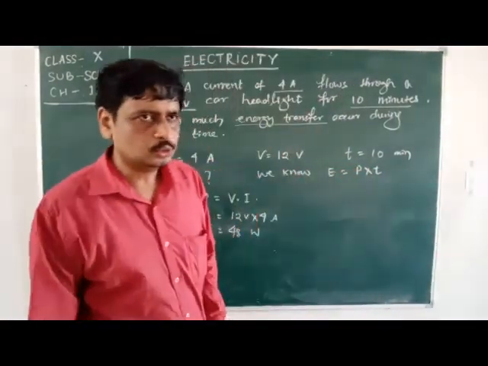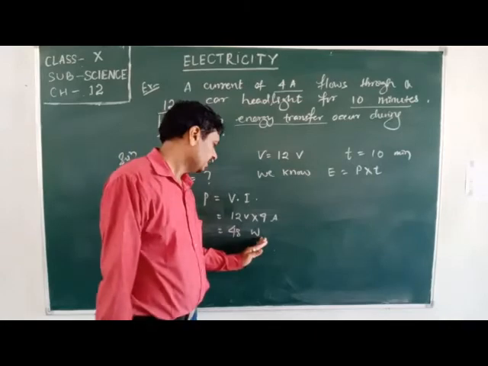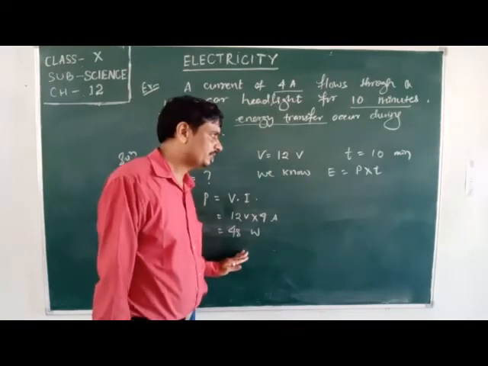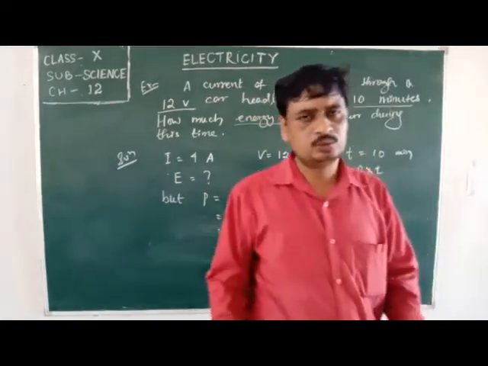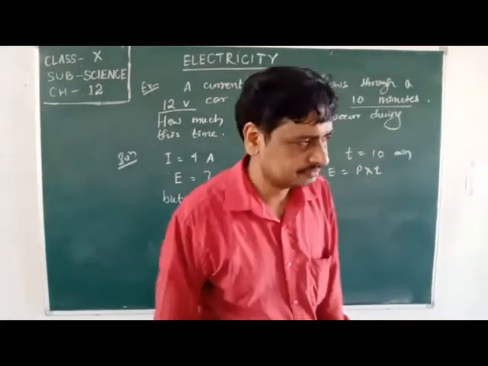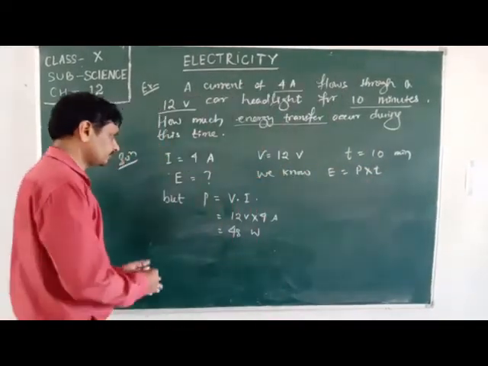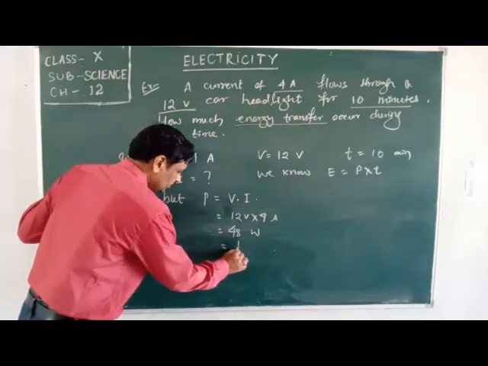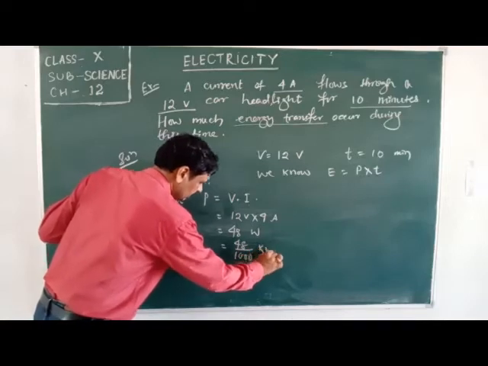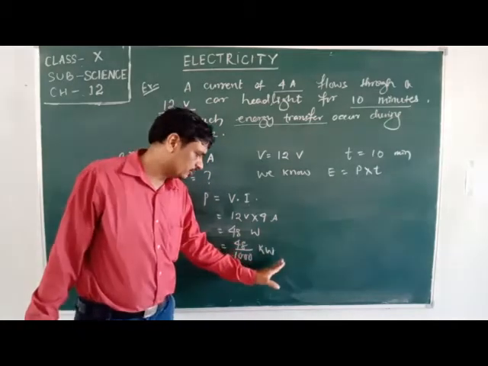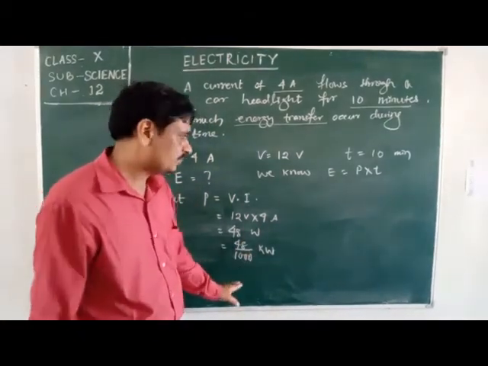But we have to get it in the unit kilowatt, and the time should be in hour to get kilowatt hour. So this is equal to 48 by 1000 kilowatt. To convert watt into kilowatt, we have to divide by 1000.